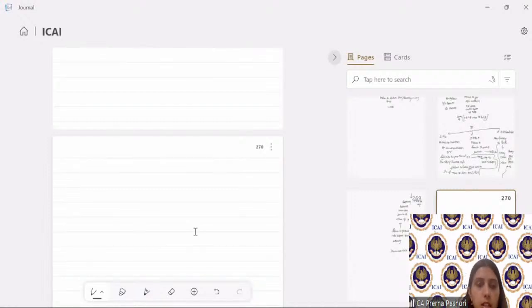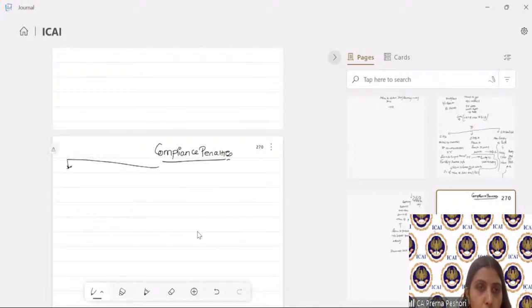So one is the failure to furnish the statement of financial transaction. If you remember, we had done what is statement of financial transaction when we were dealing with the assessment procedure.